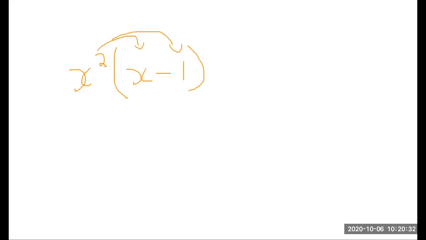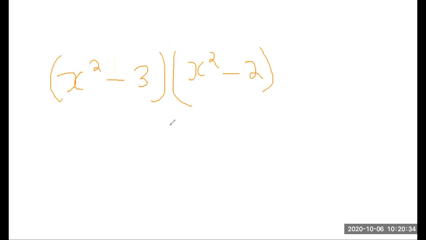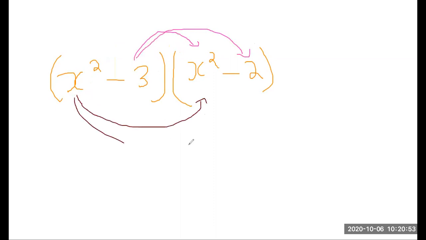With this example, both terms are in parentheses. So it means we're going to have to do the distributive property two times for each term. With this case, I would do -3 times that and -3 times that. Then I also have to do x squared times that, x squared times that.